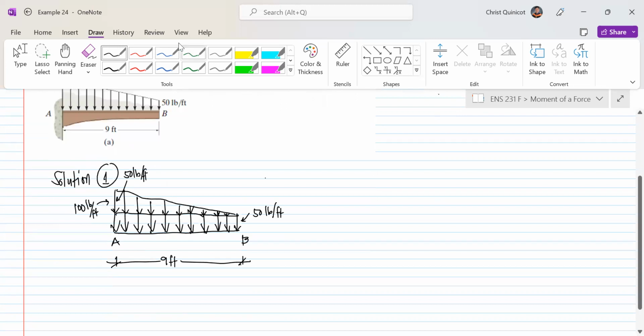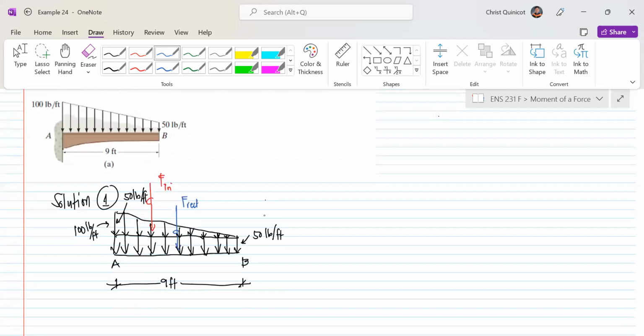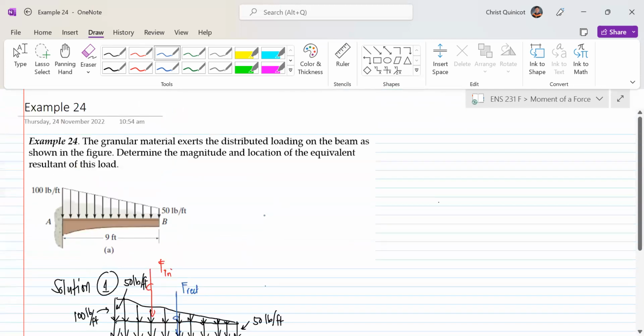Let us call this F sub tri for my triangular loading and this F sub rect for my rectangular loading.